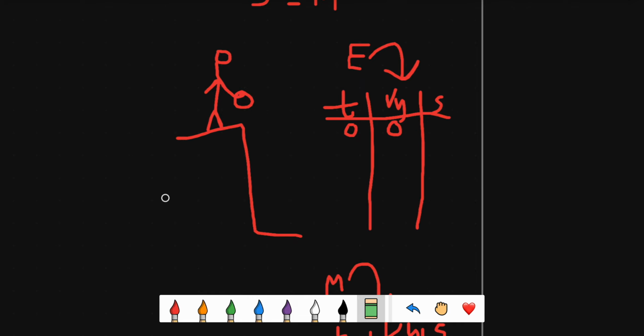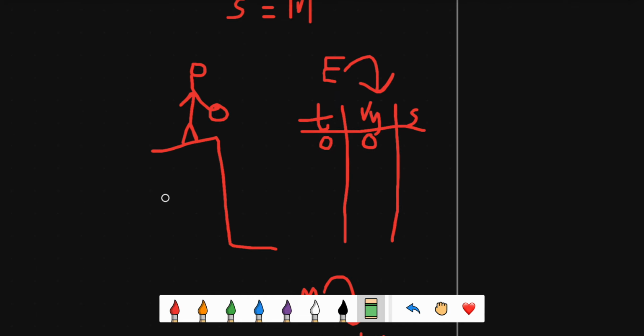What will happen 1 second later? 1 second later, it will be negative 9.8 meters per second.